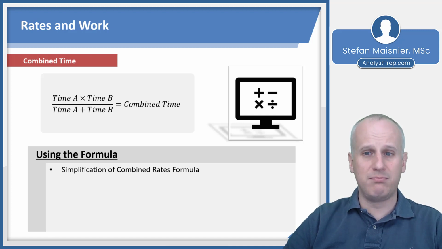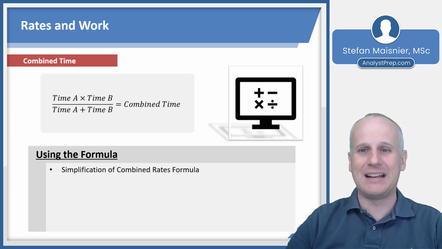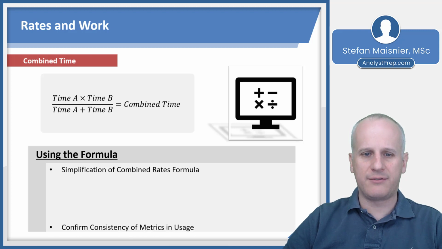So you may have seen combined rates somewhere in other resources. We're generally not going to do the combined rates formula because it involves reciprocals and processing them. It's just not intuitive. But if you can memorize this particular application of it for combined time, it can be reasonably applied under the constructs of the exam, and that, under 3 minutes for any question kind of time management.